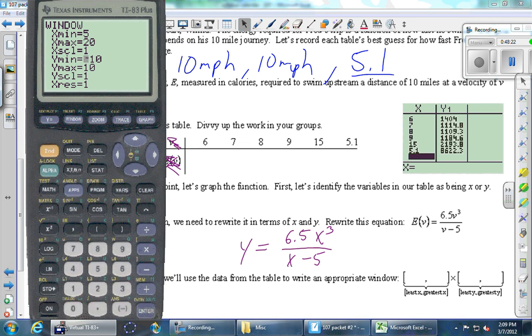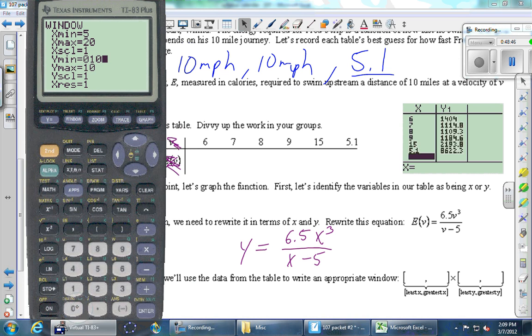And then as far as the Y's go, again, the Y's are the energy levels. What was the smallest energy level in my table? It was like 1100 something. Maybe it gets under that. I don't know. In fact, I actually like seeing my x-axis. I'm going to go from 0. And what's the highest energy I saw? It was 8600.